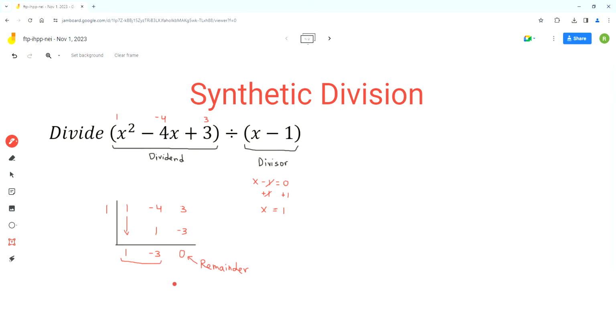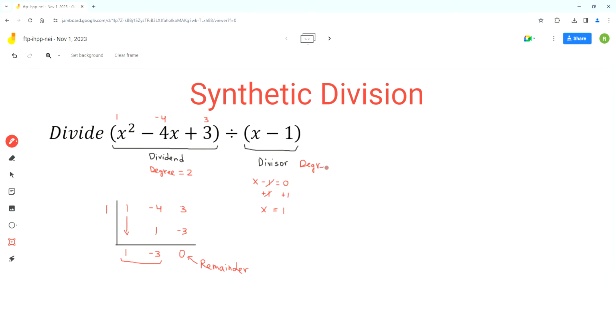Now, how do we use these quotient numbers? The first thing we see is our dividend has a degree of 2, which is the highest power on the x. So the degree of the dividend is 2 and the degree of the divisor is 1.